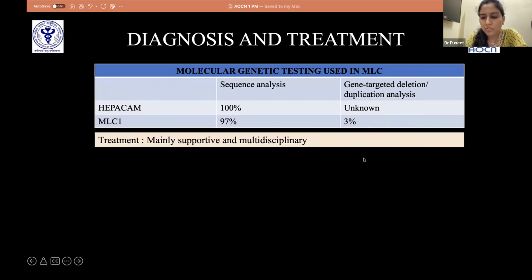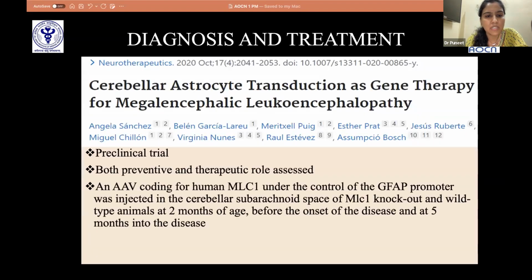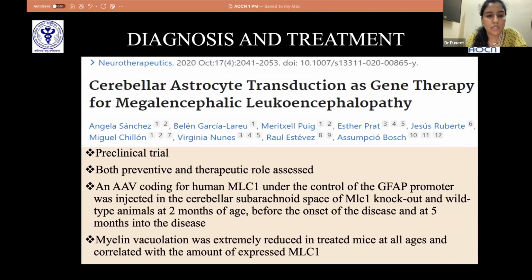Treatment is mainly supportive and multidisciplinary, but in a 2020 preclinical trial, adeno-associated virus was used, and the MLC1 gene was injected in the cerebellar subarachnoid space in murine models, and they found that myelin vacuolation was extremely reduced in these treated mice at all ages. So it has shown better effects in both preventive as well as therapeutic roles. So again, giving us some hope for some future clinical trials.